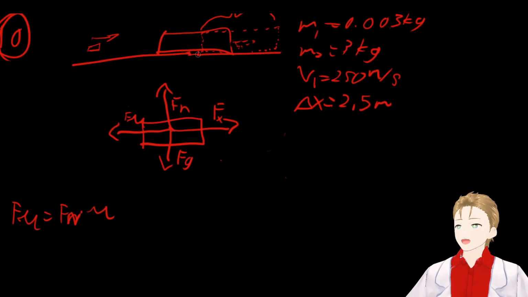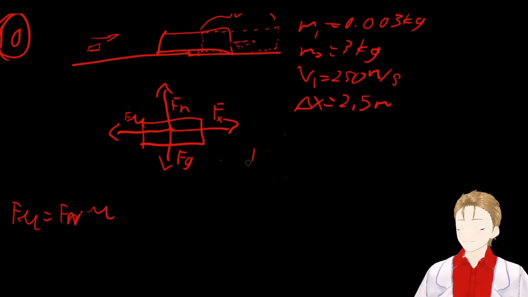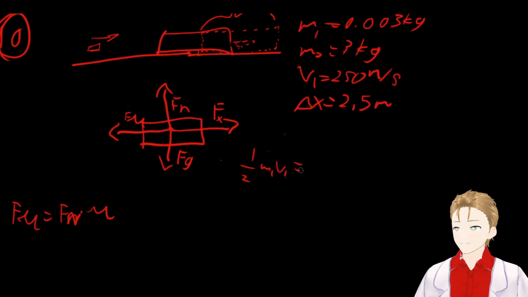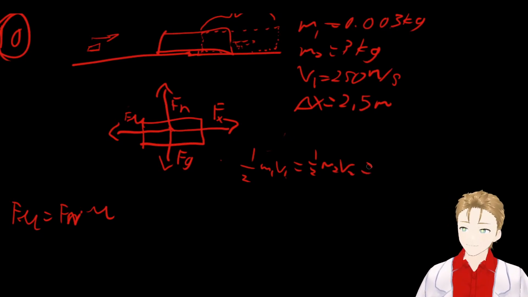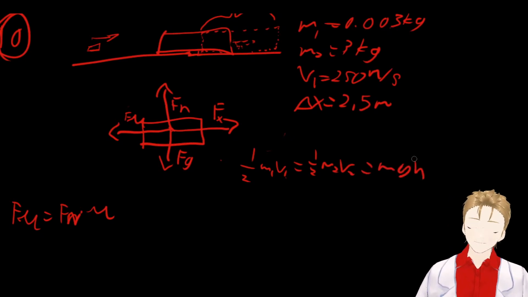Actually, we don't need this either. So M1 V1 equals M2 V2, which is MGH.